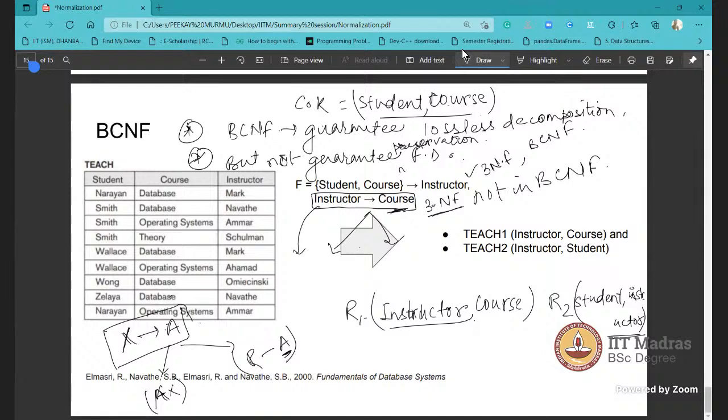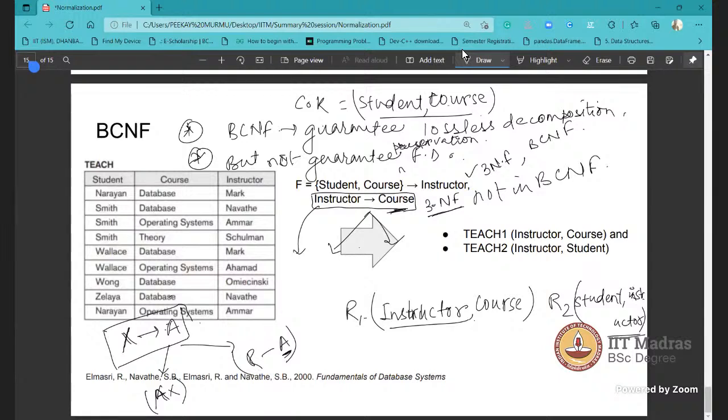Sir, before that, is this not preserving all the functional dependencies, right? Yes, it may or may not, that's why we said it is not guaranteed.